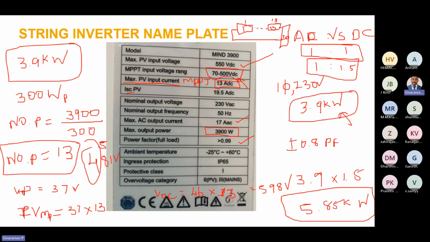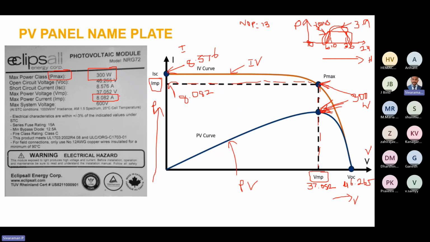Suppose this inverter's maximum current is 13 ampere, but the panel current is 14 ampere. Then this is not a correct selection. In that case, we have to change the solar PV module to a different model or make, or change the inverter to a different model or make, to match this.